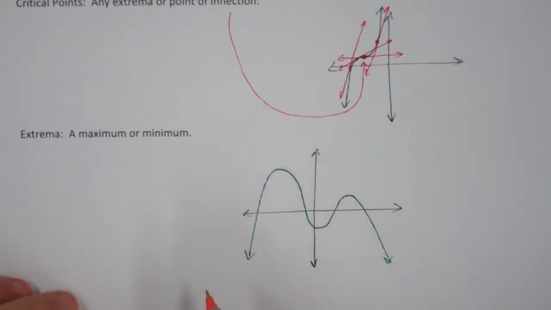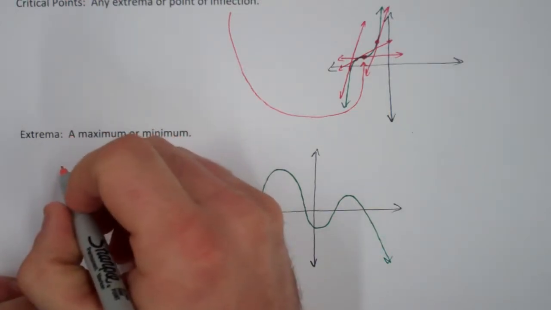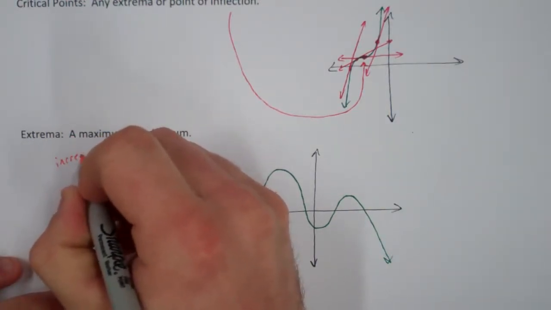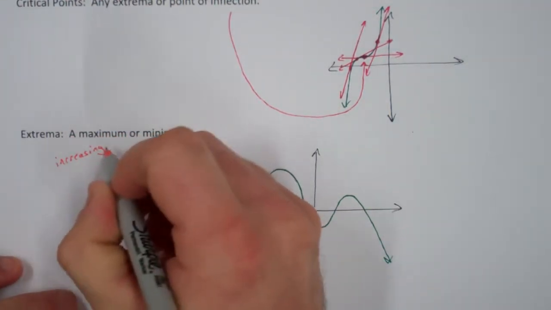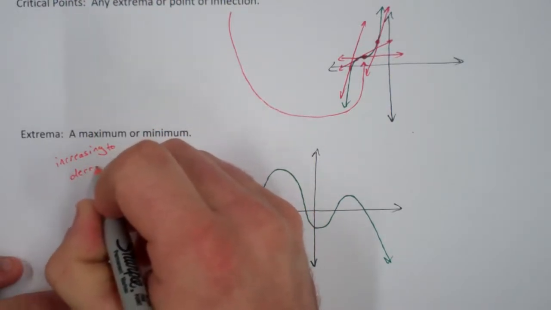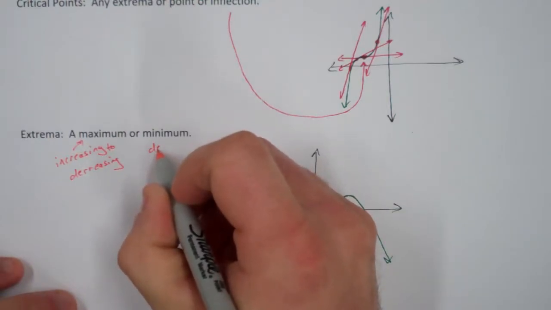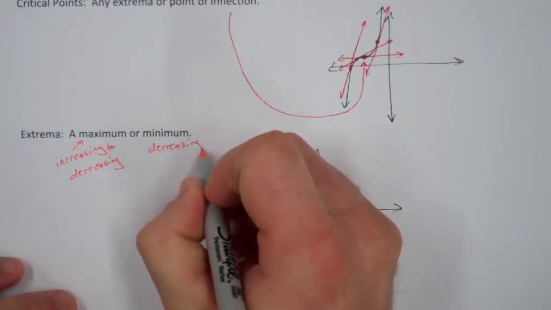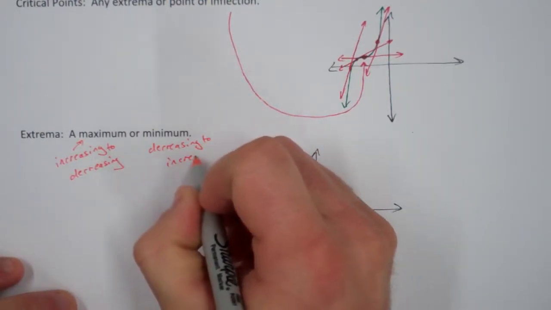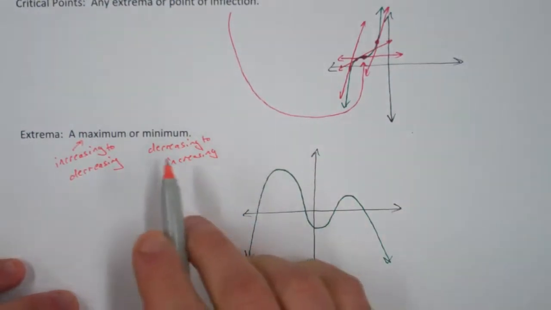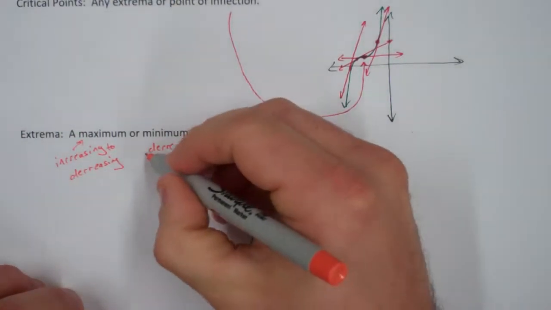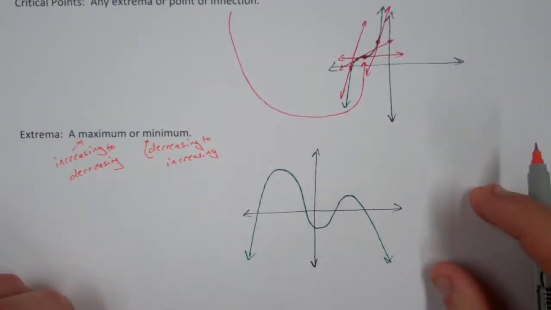So we could actually write that down. For a maximum, we're going to go from increasing, and we're going to have a change to decreasing. For a minimum, we're going to go from decreasing to increasing. Remember, we always go left to right when we say words like increasing, decreasing, or constant.